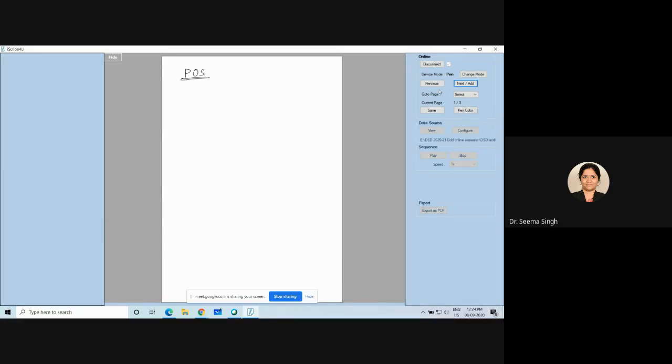Now I will take one example in which I will ask you to convert into a standard POS or canonical POS.